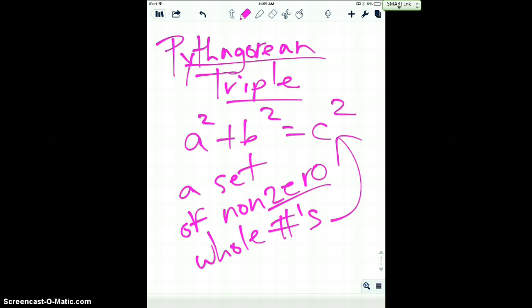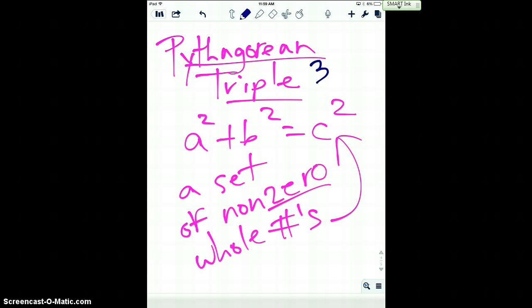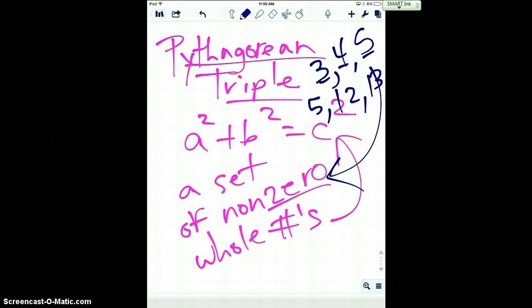So, for example, the most famous one on earth is the 3, 4, 5 Pythagorean triple, because 3 squared plus 4 squared is 5 squared, and those are all non-zero whole numbers. Then another one to know is 5, 12, and 13. That'll work. 5 squared plus 12 squared is 13 squared. There are others.